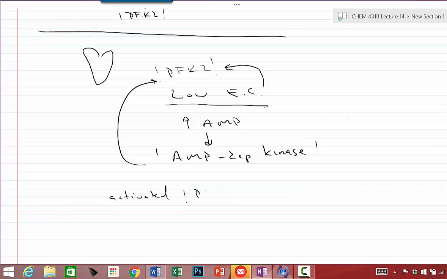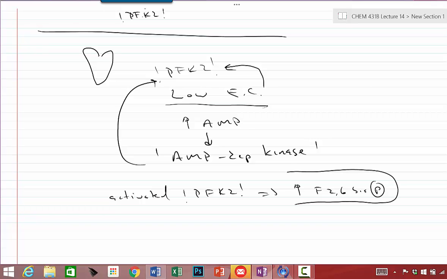Activated phosphofructokinase 2. And now we're going to be able to make high levels of fructose 2,6-bisphosphate. And then what does that do to glycolysis? Is it going to activate glycolysis? Someone said yes. It's exactly right. It's going to activate glycolysis.